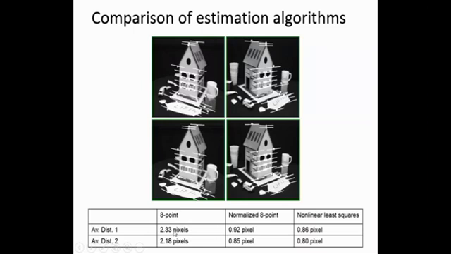On average, the points are 2 pixels away from the epipolar lines. If you do normalize, then the solution is much closer. On average, the corresponding points are less than 1 pixel away. And then if you do nonlinear least squares to adjust your solution for the fundamental matrix and the values of the 3D points, then you reduce the error further.